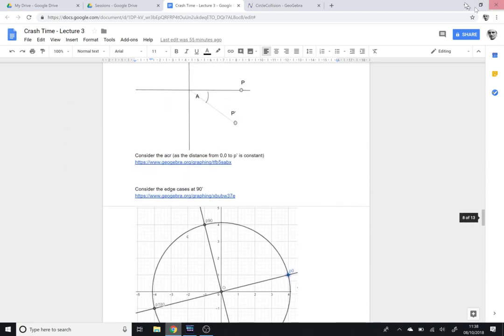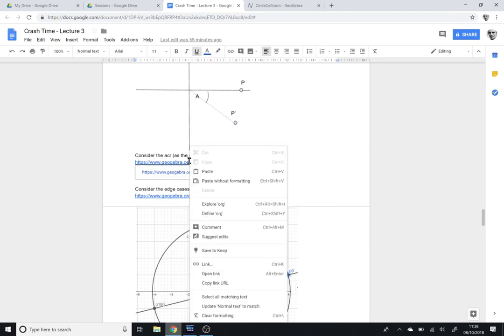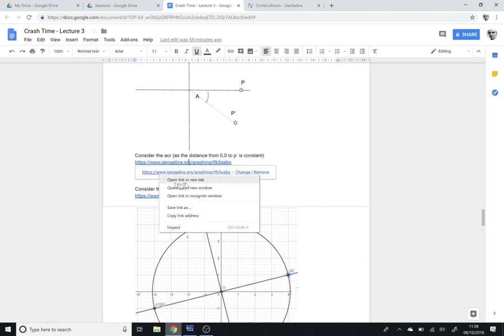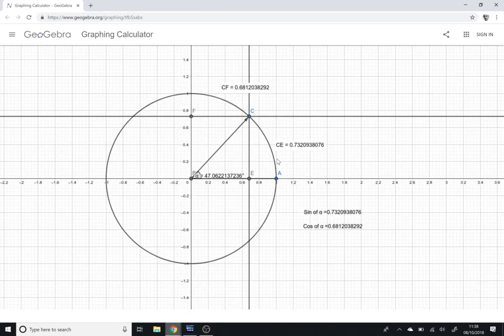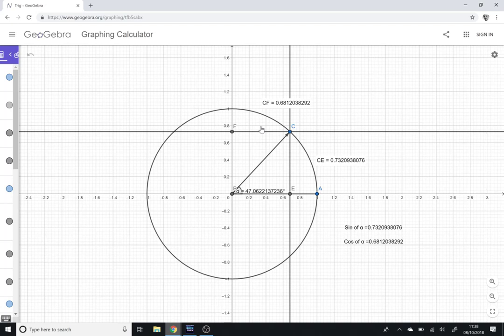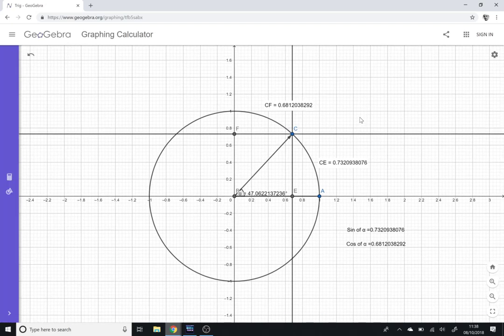So first of all, we have to consider the arc as a distance. Let's just open this up. I've got no middle mouse click.